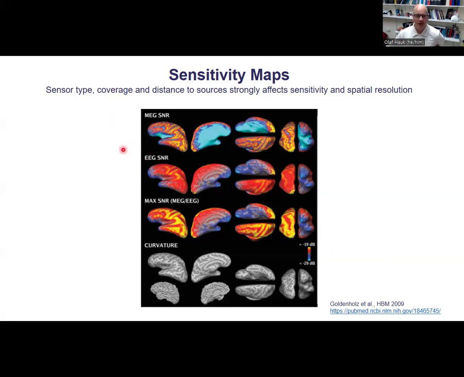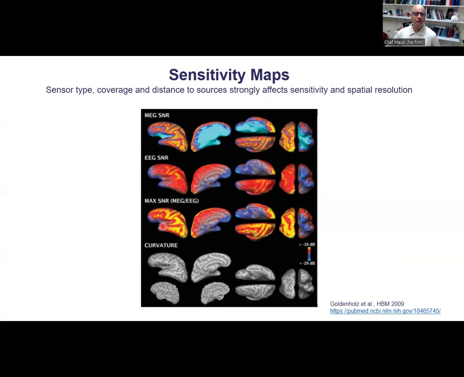If you sit in the MEG helmet and you lean back, then your frontal lobe might be further away from the sensors than your visual cortex, so you might compensate for that a bit. And similarly with EEG, you might put more electrodes to the front of the head to increase your sensitivity here. So of course, sensor coverage matters as well. It's not necessarily just the physics of EEG and MEG that matter.